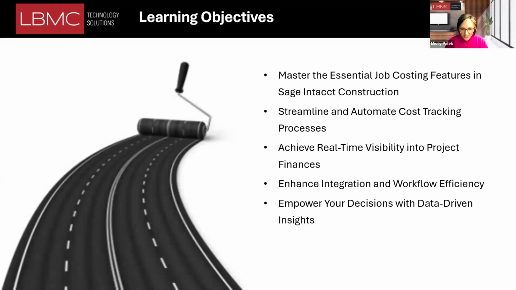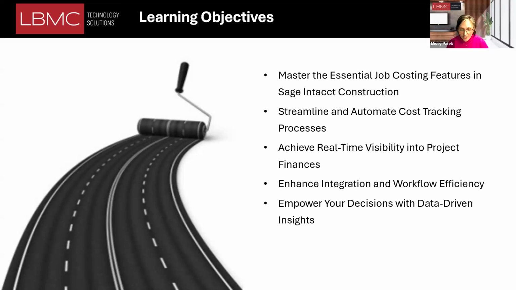Thank you so much. Welcome everybody, and again, thanks for the warm introduction, Dawn. These are today's learning objectives. So first, we're going to learn how Sage Intacct Construction streamlines tracking of labor, materials, and overhead for accurate job cost reporting. We're going to see how automation reduces manual data entry, minimizes errors, and accelerates cost allocation.